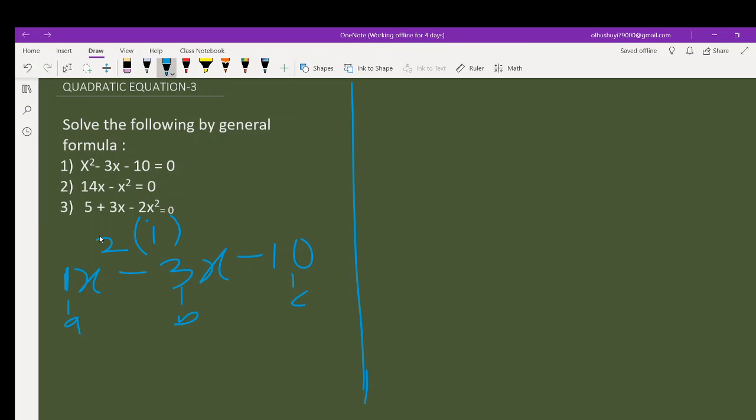So using the formula, our x is equal to minus b, but the b is minus 3. Are you seeing that?